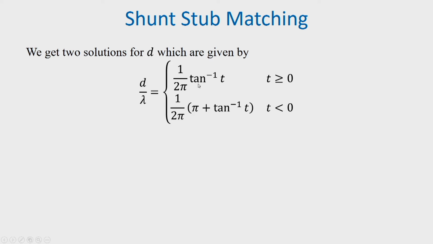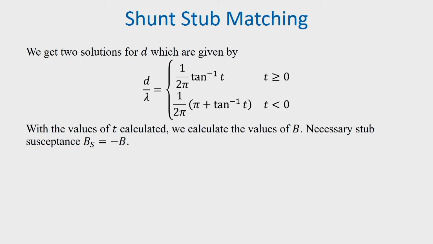This comes directly from T is equal to tan beta D, and beta is 2 pi by lambda. When T is less than 0, to get a positive length D, we solve 1 by 2 pi plus tan inverse T to be equal to d by lambda.